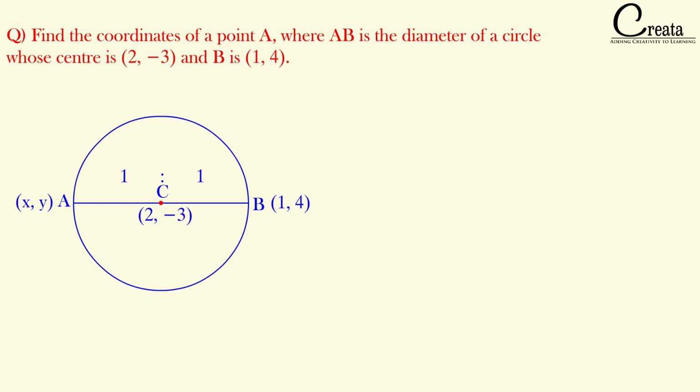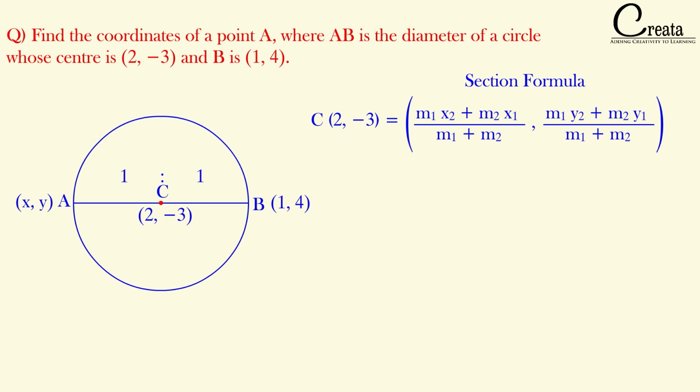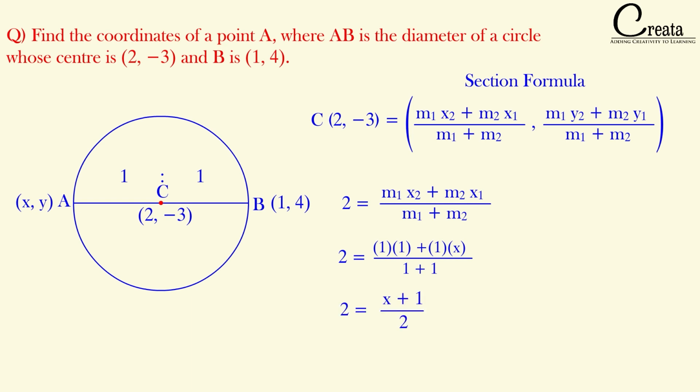Here the point C is dividing the line segment AB, that is the diameter of the circle, into 2 equal parts, that is 1:1. So we will apply our section formula. Firstly, we will take the x coordinate. On putting the values, we got 2 is equal to (x plus 1)/2. Here x is a variable. Let's find the value of x. On solving, we got x as 3. Similarly, let's use the section formula on the y coordinate.